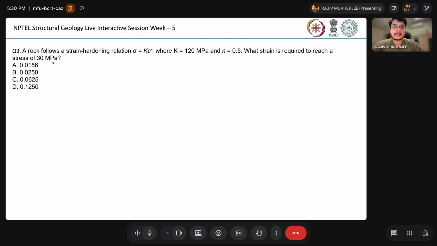Now remember that this relationship holds post yield. That means whatever be the case, the material's yield stress maximum limit will be 30, not beyond that. I mean, that's for sure.